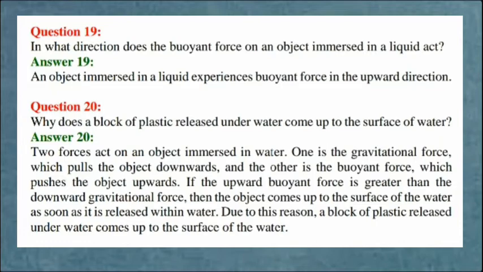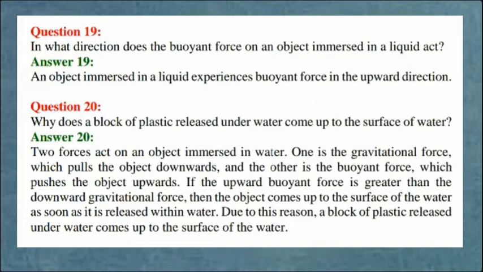Why does a block of plastic released underwater come up to the surface of water? Answer of this question is, two forces act on the object immersed in water. One is the gravitational force, which pulls the object downward, and the other is the buoyant force, which pushes the object upward.